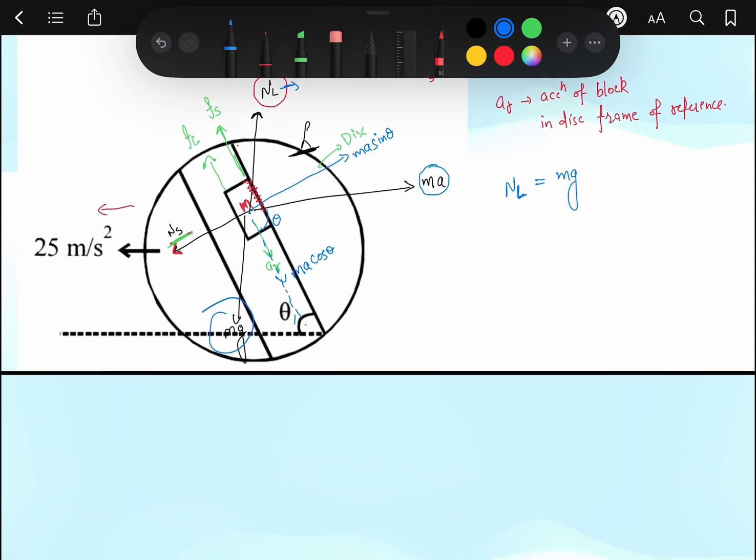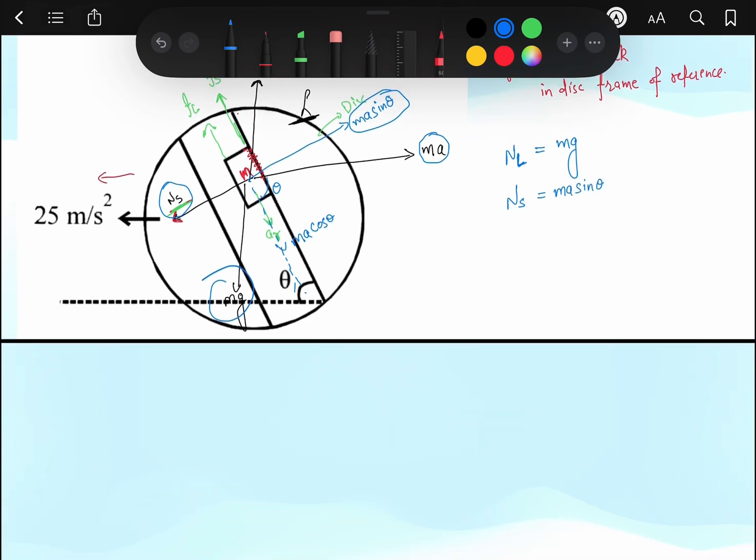Now what is the value of the normal force due to the contact with the side surface? That is NS, and it will be equal to MA sin theta, right?